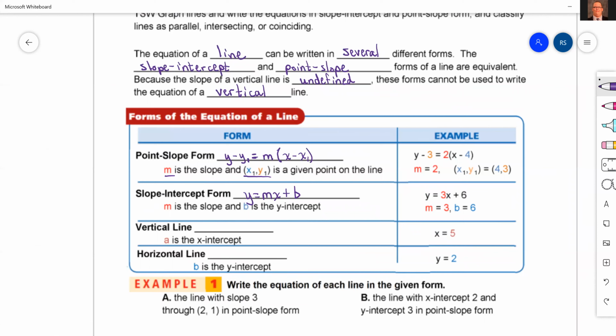So it's the one at 0, b, wherever we cross the y-axis. So in this example, they tell us the slope is 3, the intercept is 6, so our equation is y equals 3x plus 6.